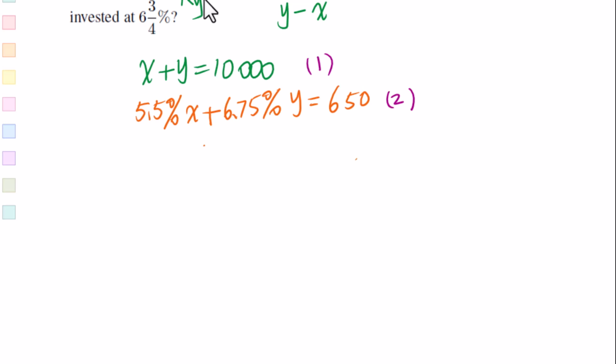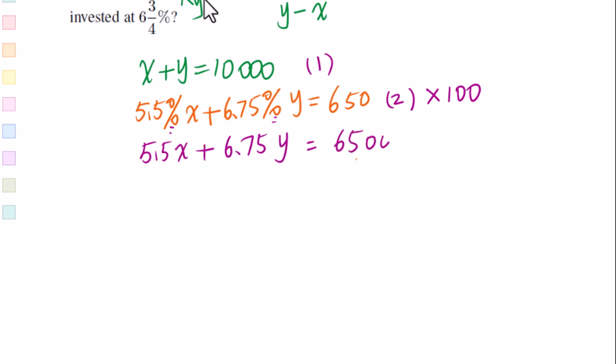For the second equation, we try to get rid of the percentage by multiplying by 100 on both sides. 5.5x plus 6.75y equals 65,000. This will be the third equation.